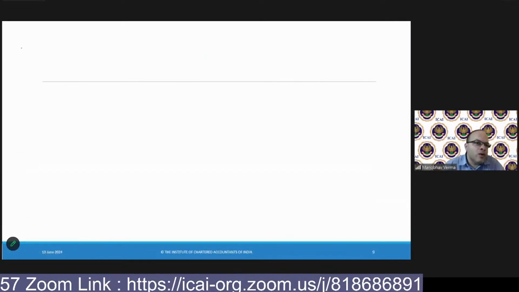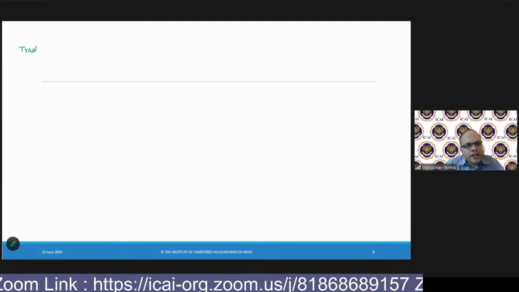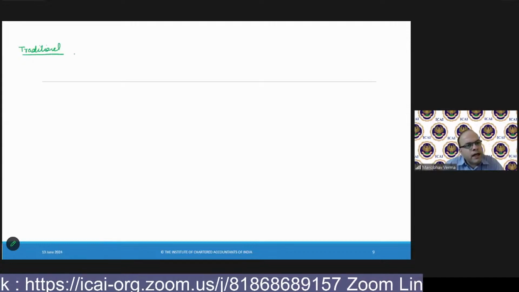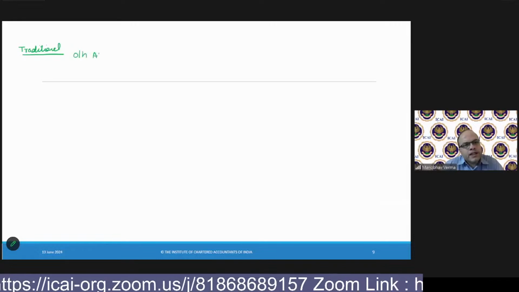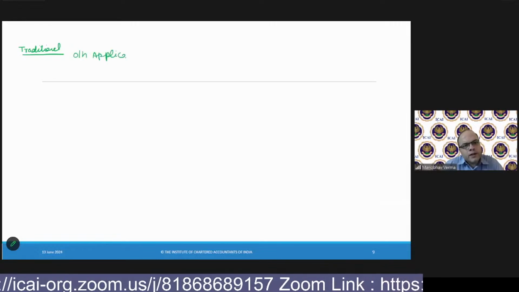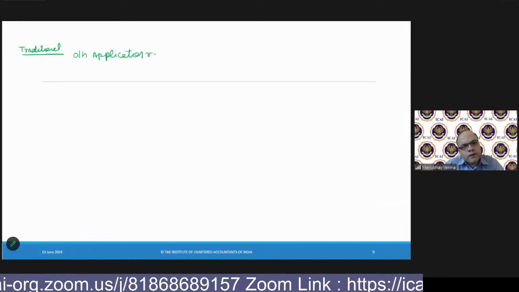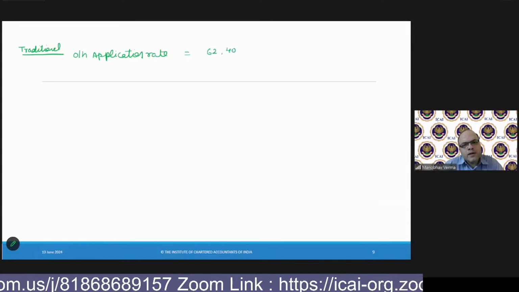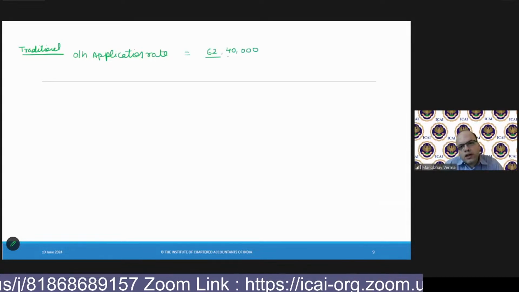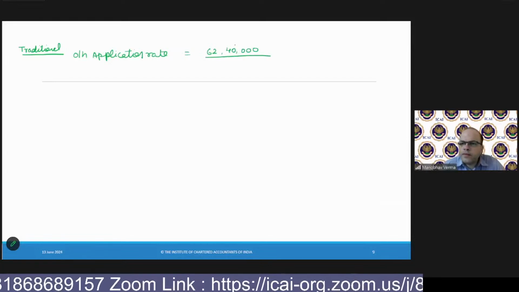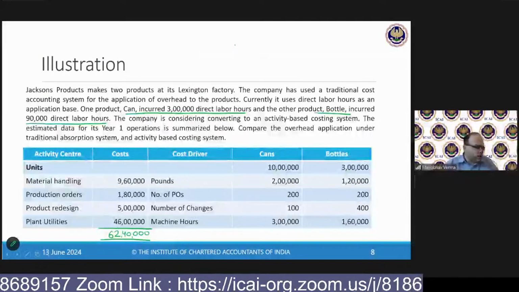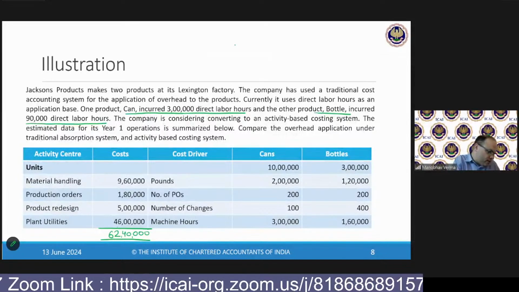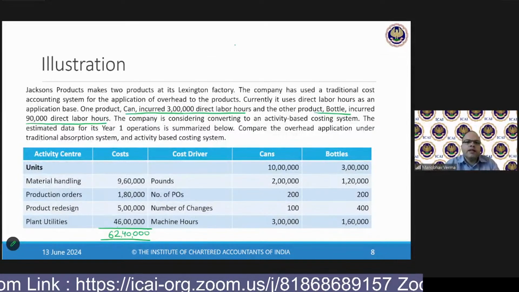So if I were to calculate my traditional costing approach, and we are calculating the overhead application rate here, we're saying total overheads upon what? Labor hours, right? So what should be my denominator, guys, based on the information we have?